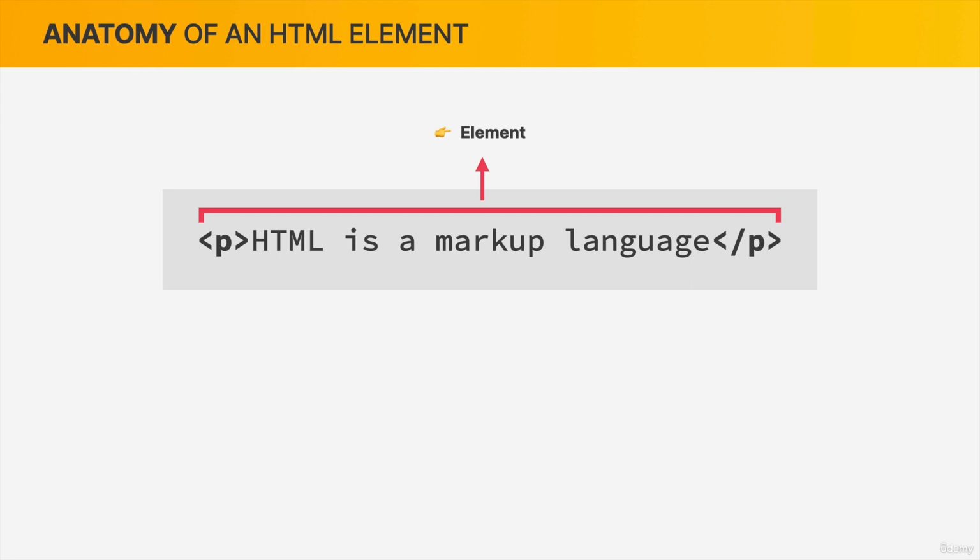Now, an HTML element is usually made up of three parts. First is the opening tag, which is the name of the element. So in this case, it's the P, wrapped in the less than and the greater than symbols. Probably they have some other names, but that's how I like to call these symbols. So it's less than, P, and then greater than.